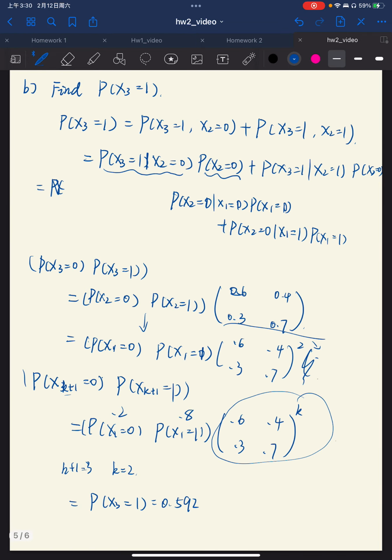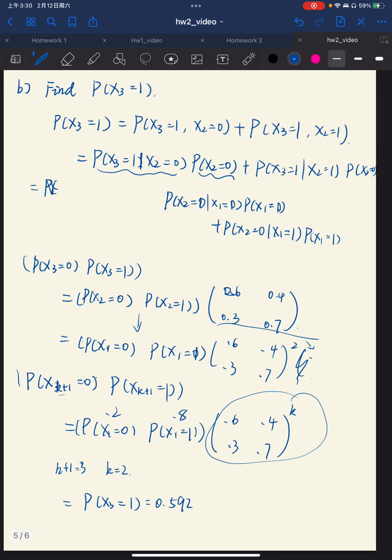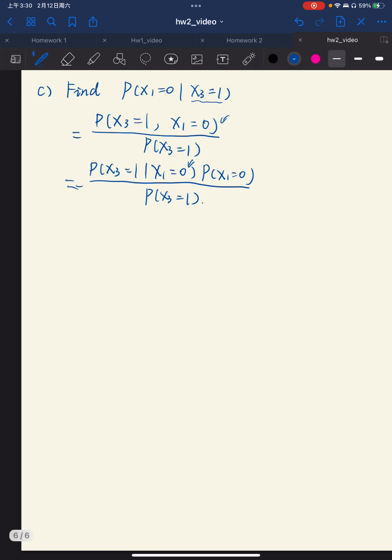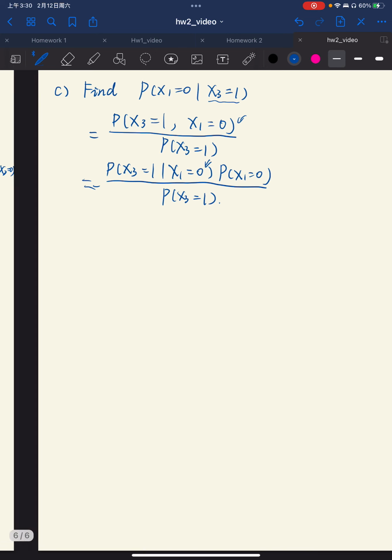If we want to find this one, we don't need to consider this row vector, just all the conditional probabilities together.